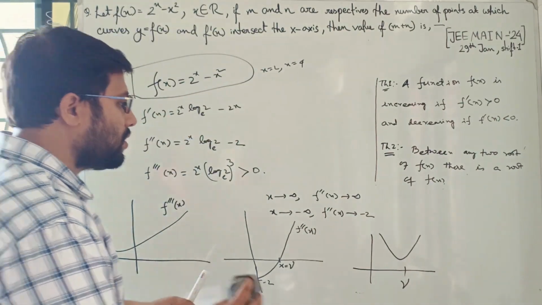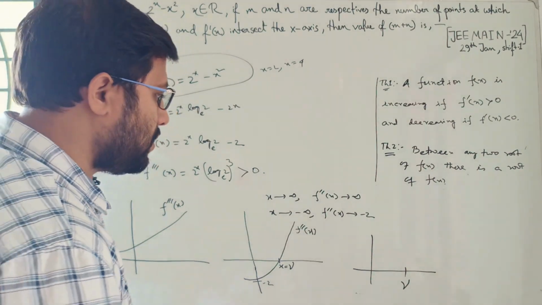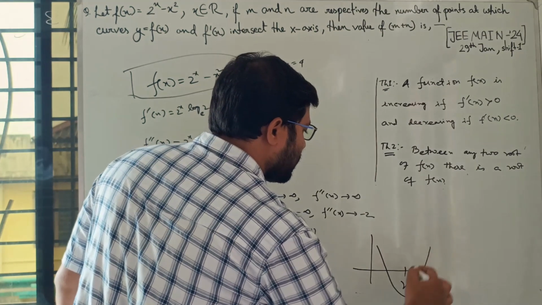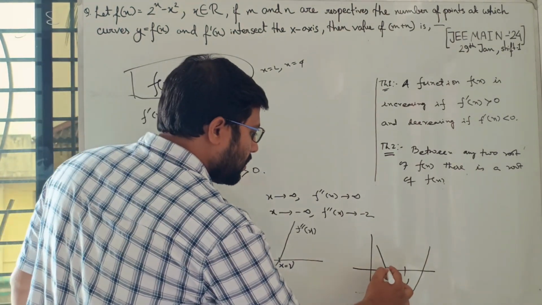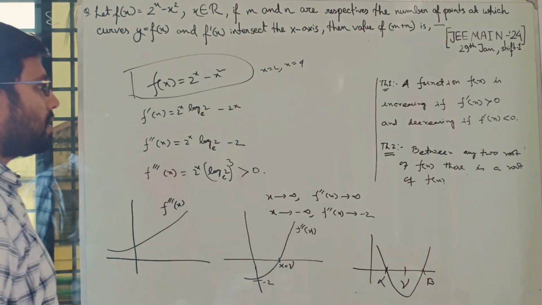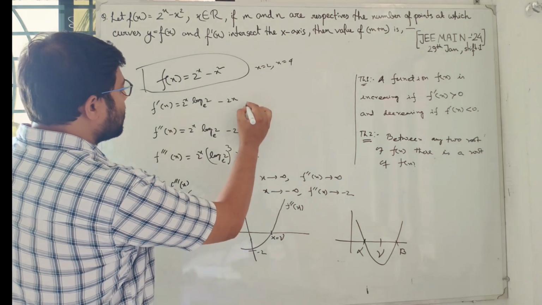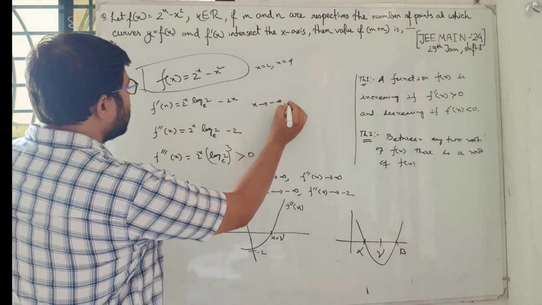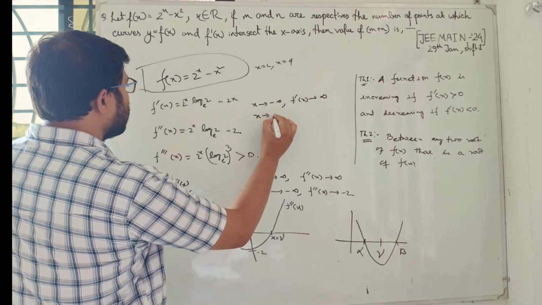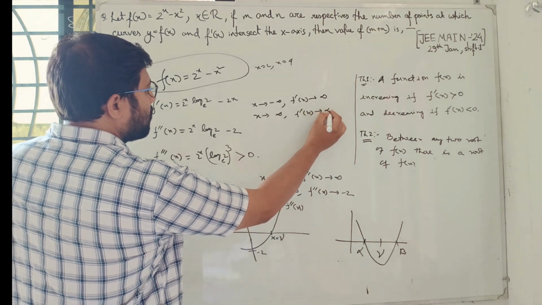Now we will draw the graph of f'(x). So f'(x) will be like this, and suppose alpha and beta are the roots. One more thing, as x tends to minus infinity, f'(x) tends to plus infinity, and as x tends to plus infinity, f'(x) also tends to plus infinity.